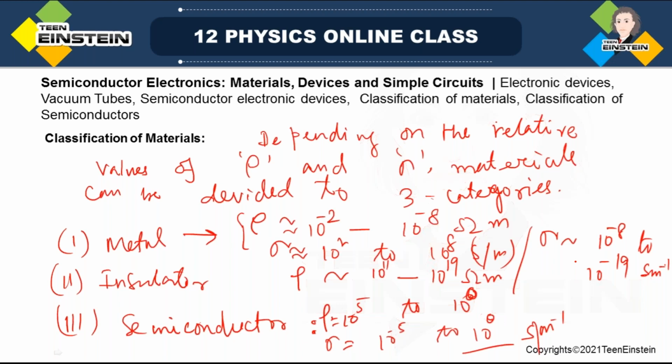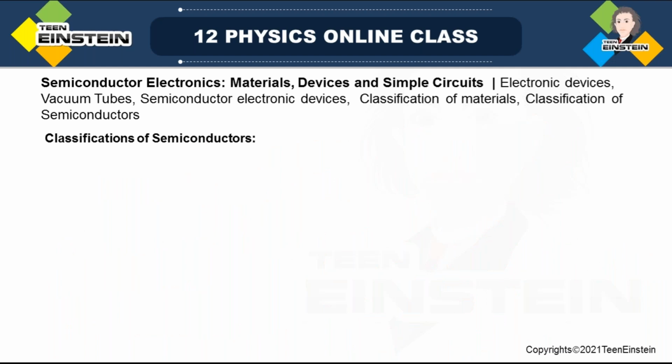So we have already learnt about metal, because metal has free electrons, so they can conduct electricity very well. And insulators, since they don't have free electrons, in general they cannot conduct electric current so easily. But semiconductors have a few special properties. We will discuss what the special properties of semiconductors are.